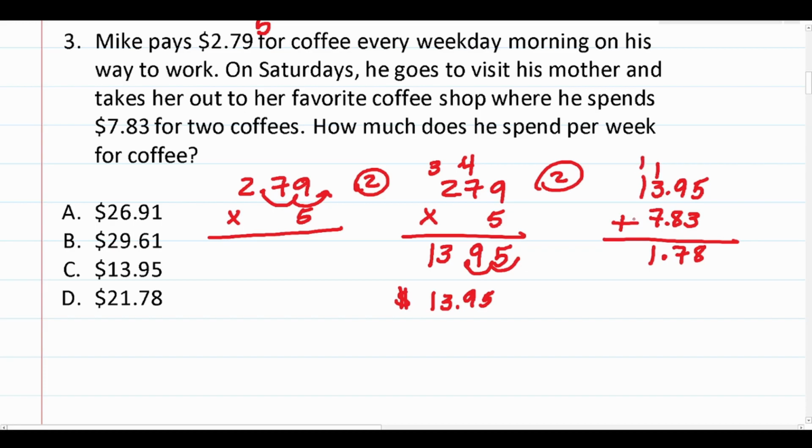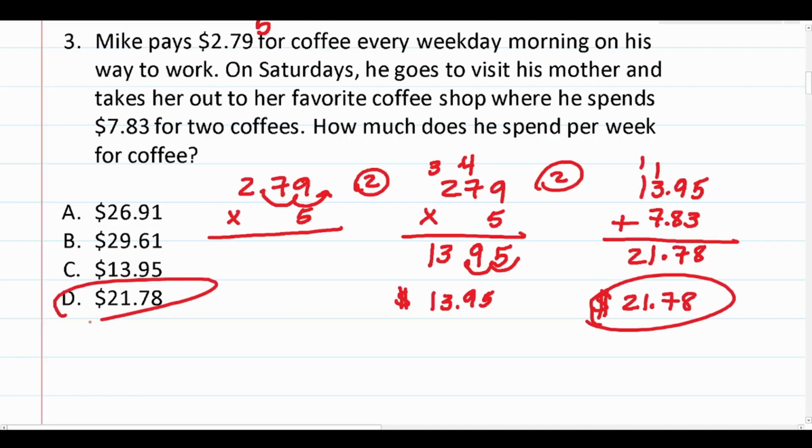Again, we got to carry a 1. 1 plus 1 is 2. So in total, for the 5 days that he gets coffee in the morning, as well as the Saturday he goes out for coffee with his mom, he spends $21.78, which is D.